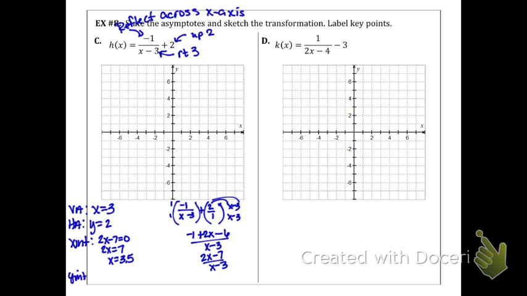My y-intercept is when we plug in 0 for x. So is that 1/3 plus 2? So we're at like 2 1/3. All right, so y-intercept at 2 1/3.